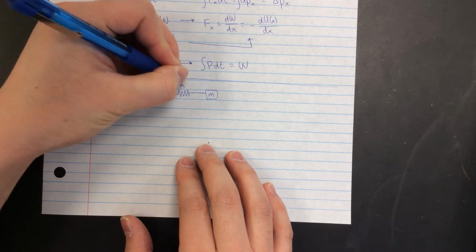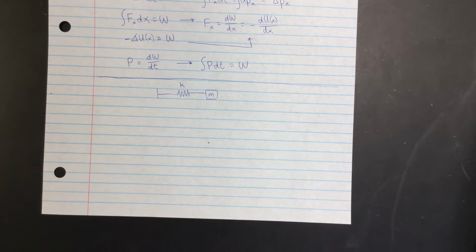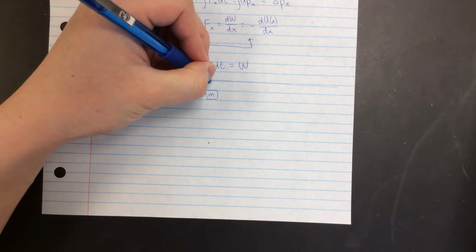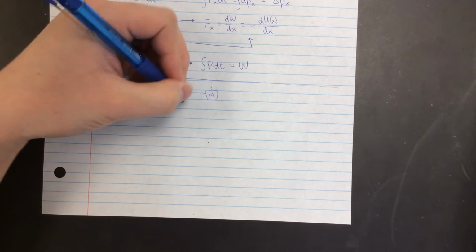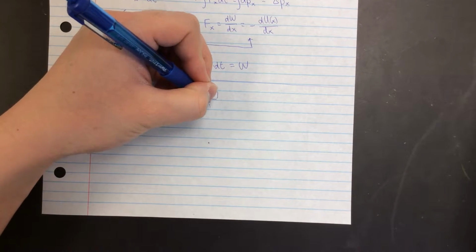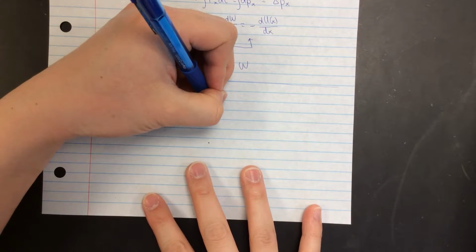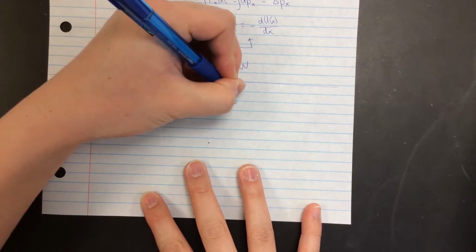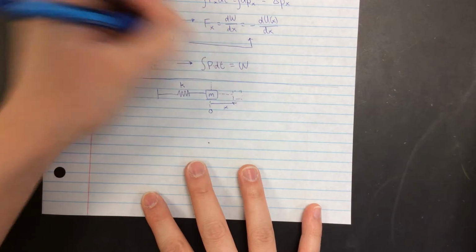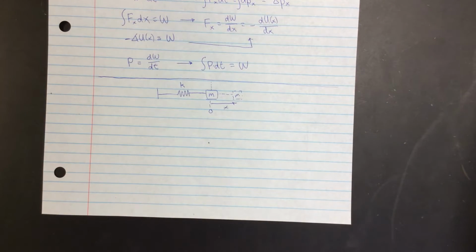This spring might have some spring constant k. Let's say this is at 0 position and you stretch it out some position x, and then you let it go.